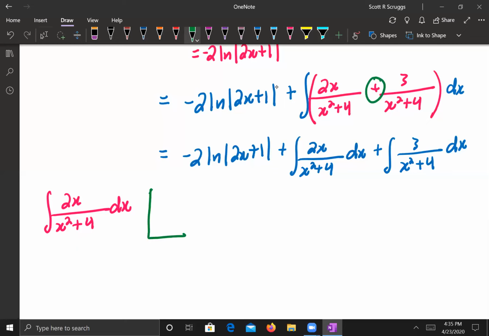So I would do a u sub again, because the derivative of x squared plus 4 is 2 times x. So I can do a u sub for u is x squared plus 4, and its derivative is 2x dx.